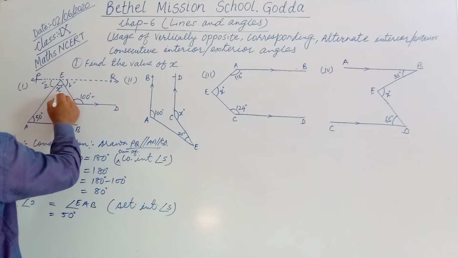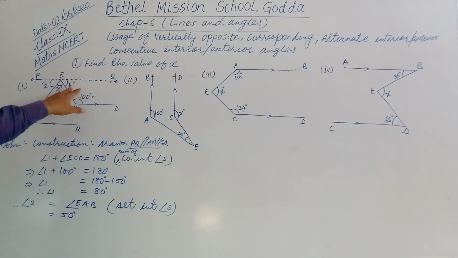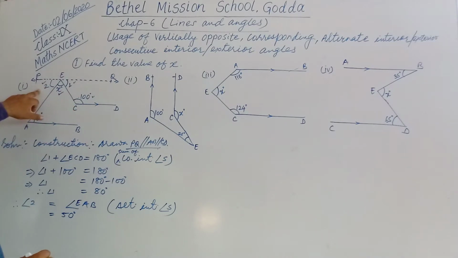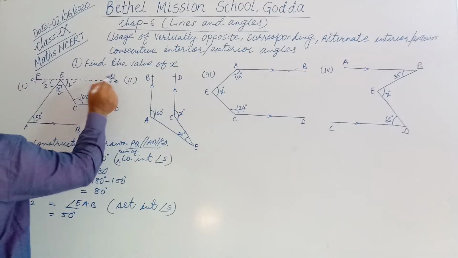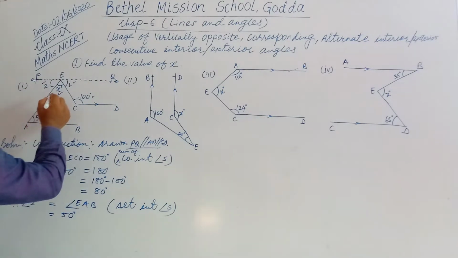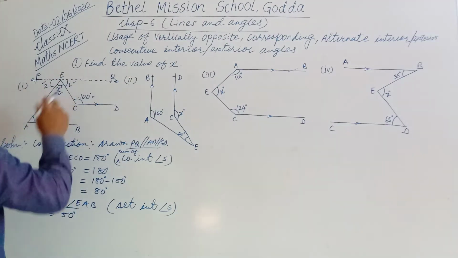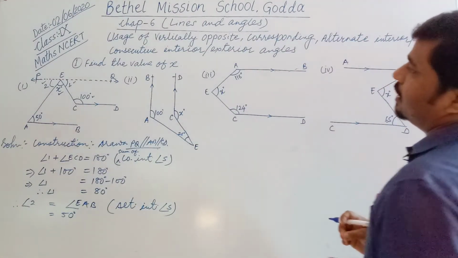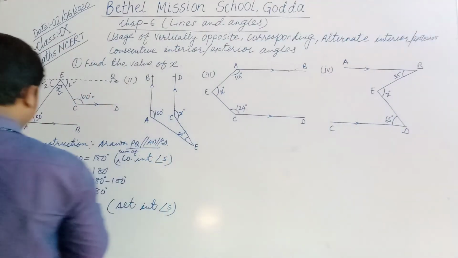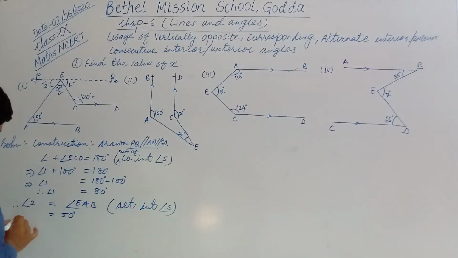Now we will find x. Already we have angle 1 and angle 2 and we have to find angle x. PEQ is a straight line, and you know that on the same side of a straight line there is 180 degrees.